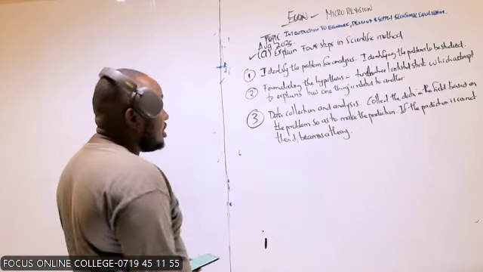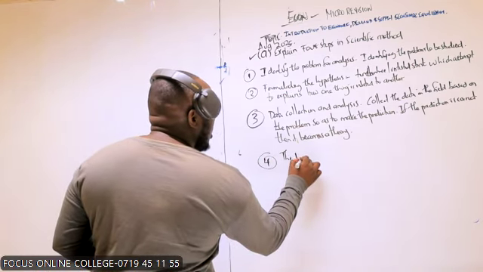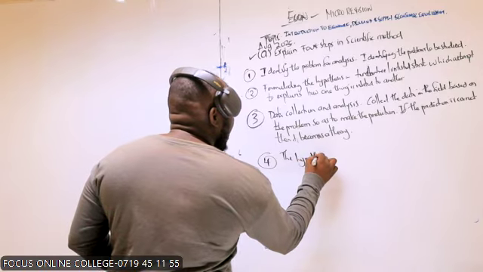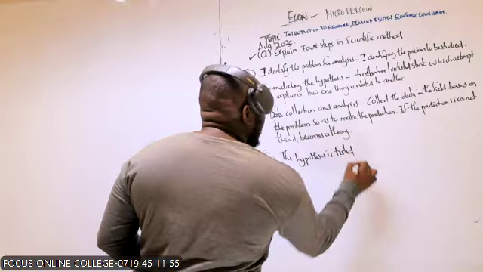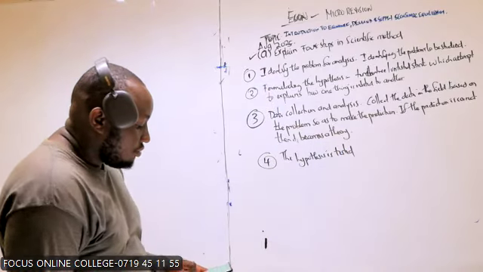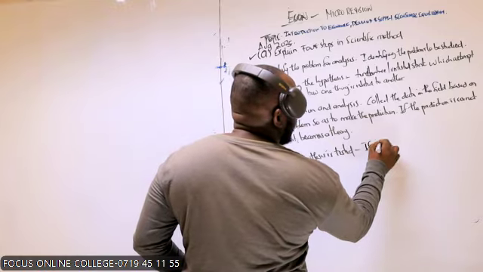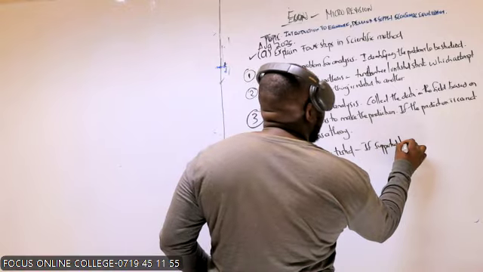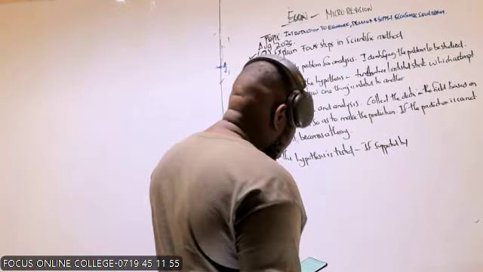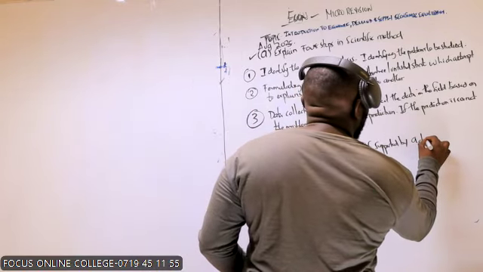Then you say the hypothesis is tested. The last statement, we say that the hypothesis is tested. So we test the hypothesis. If it's supported, it is supported by actual evidence.